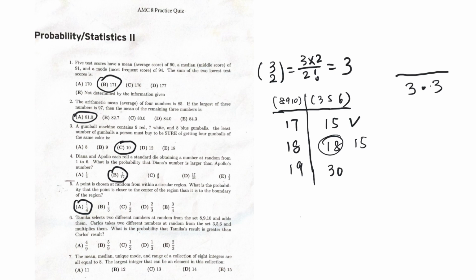If this is 19, 30 does not work, but 15 and 18 work. So the total expected, meaning the sum greater than the product, we have 4 outcomes. So the answer is 4/9, A.